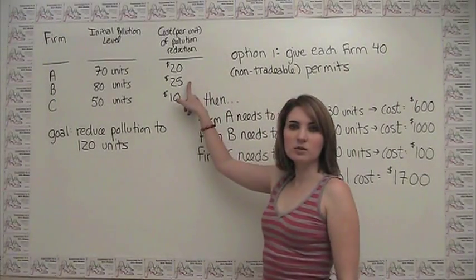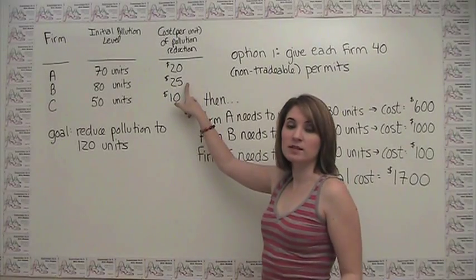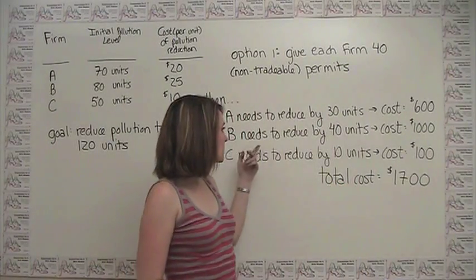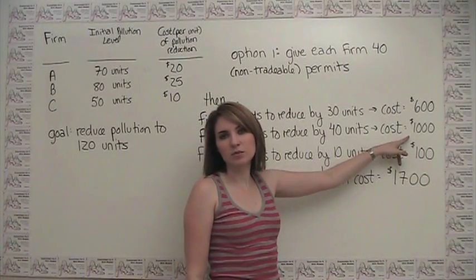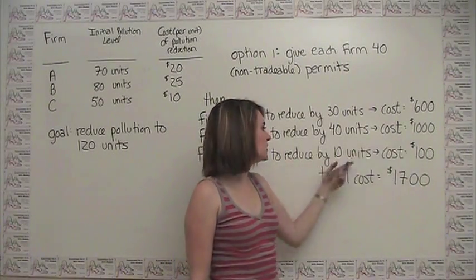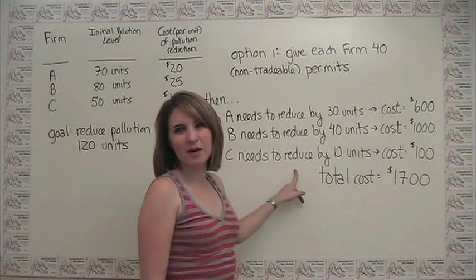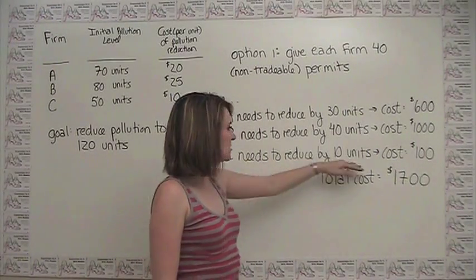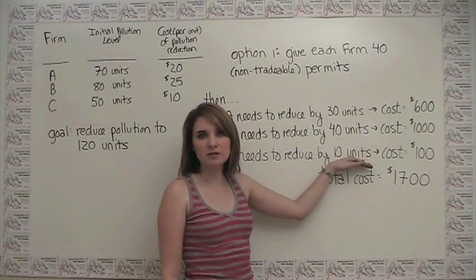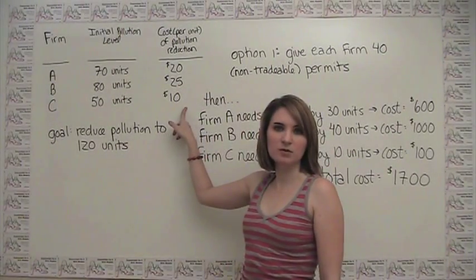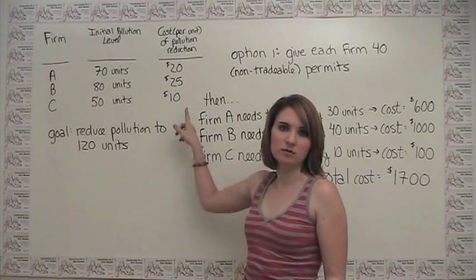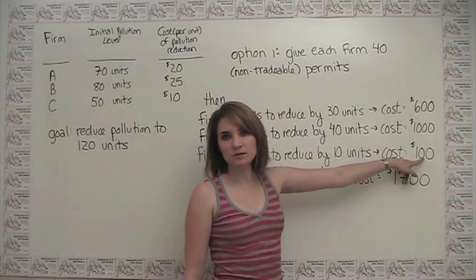It costs them $25 per unit, 40 times 25. In total, it's going to cost them $1,000 to reduce their pollution to the mandated level. Firm C gets off a little easier here, because firm C only needs to reduce pollution by 10 units, and it only costs firm C $10 per unit to reduce their pollution. So they're only out $100.